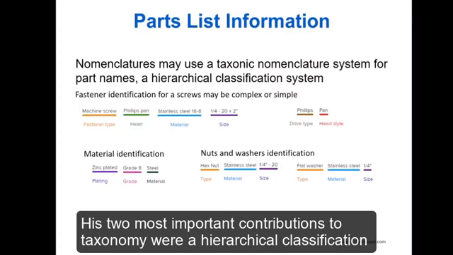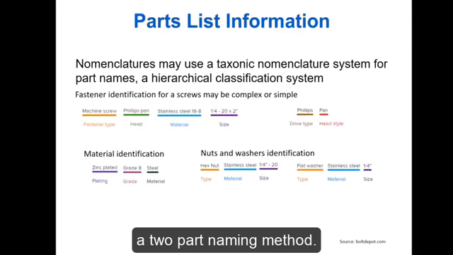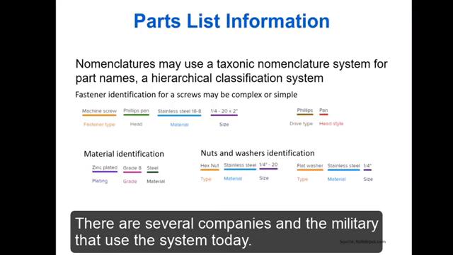His two most important contributions to taxonomy were a hierarchical classification system and the system of binomial nomenclature, a two-part naming method. There are several companies and the military that use this system today.